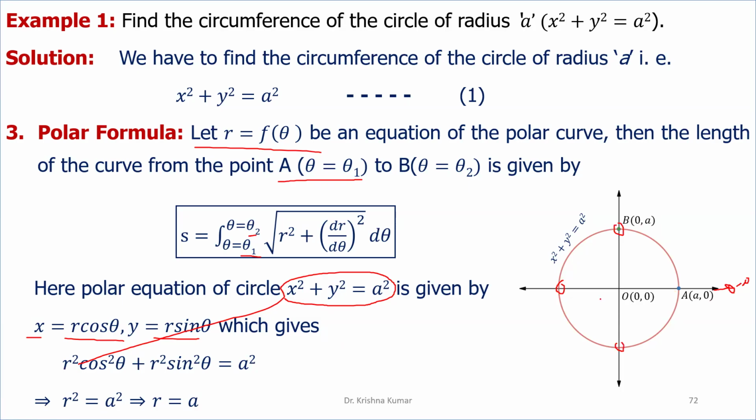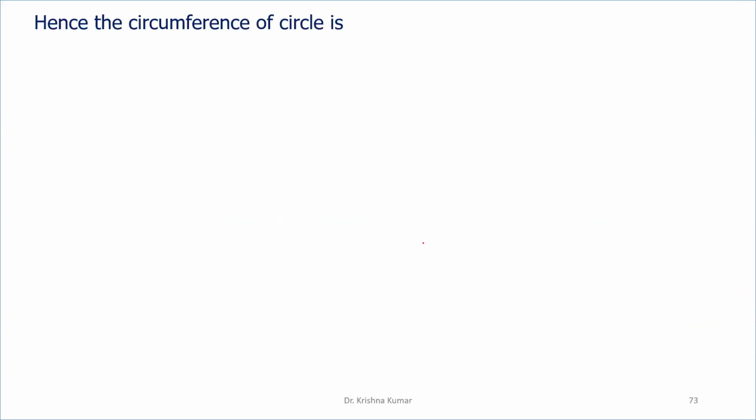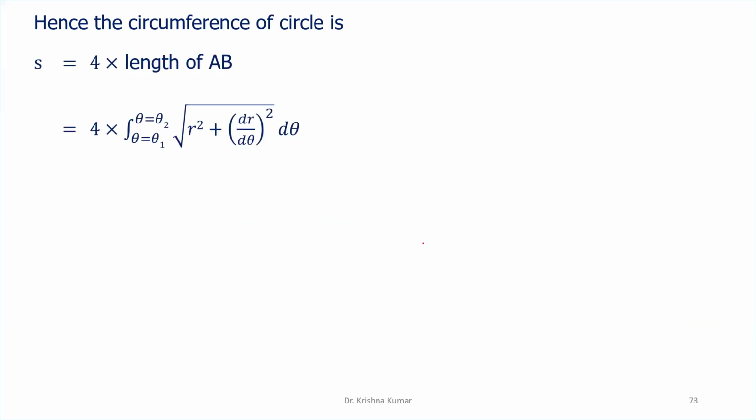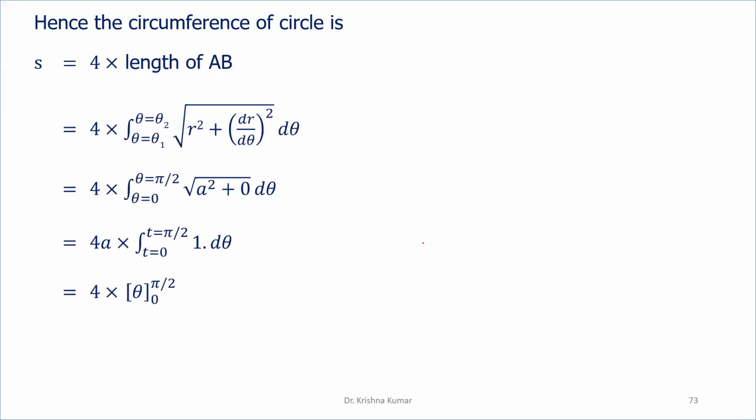So instead of finding the whole length of the circle, we only find the length of the circle in the first quadrant, and if we multiply this by 4, we get the circumference of the circle. So the circumference of the circle is s equal to 4 times the length of AB.